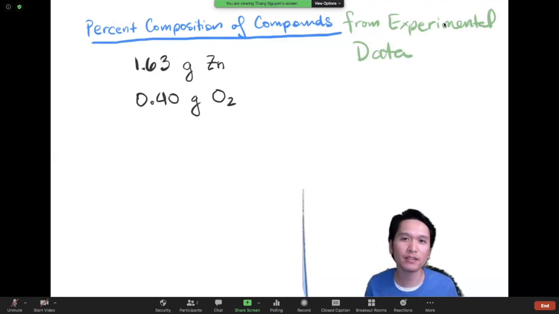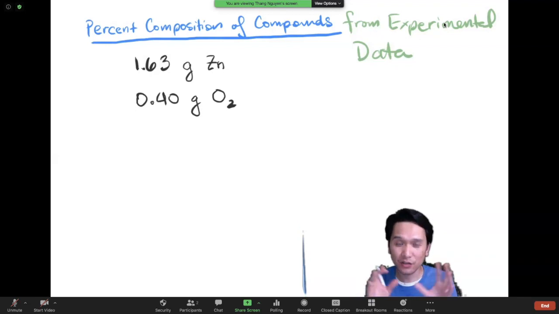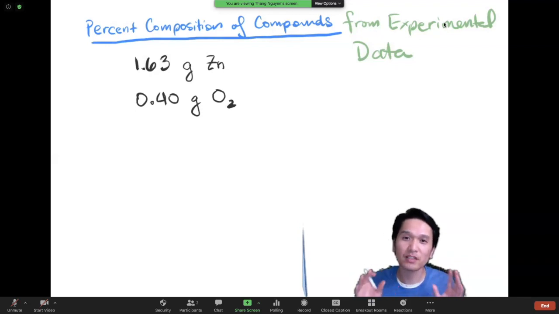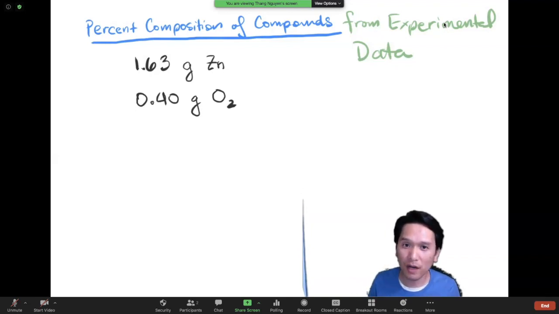You knew that 1.63 grams of zinc reacted with 0.40 grams of oxygen gas to give you a compound that contains zinc and oxygen. Since we were given in this problem that 1.63 is a total amount of zinc and 0.40 grams oxygen is a total amount of oxygen in this compound, we can take those numbers and find the percent composition of each of those elements.